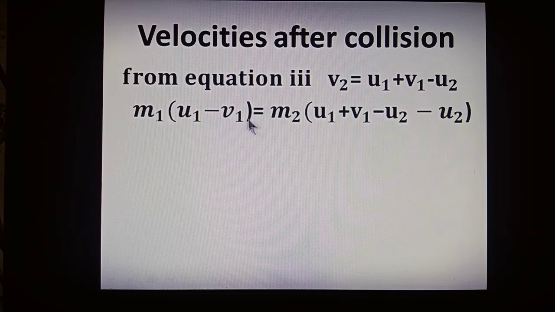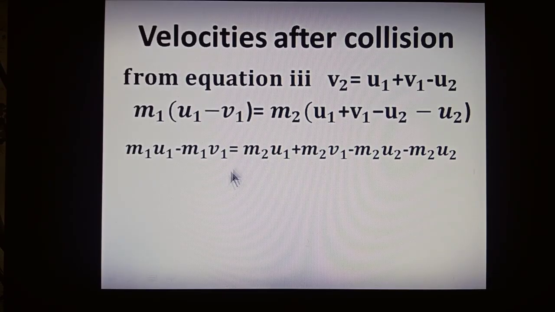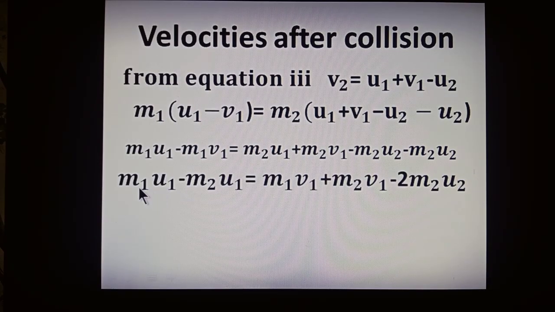m1(u1 - v1) = m2(u1 + v1 - u2). This was the value of v2 that we inserted in equation 1, minus u2. Multiplying m1 in the bracket on both sides and rearranging this equation, we get m1u1 - m2u1 = m1v1 + m2v1 - 2m2u2.